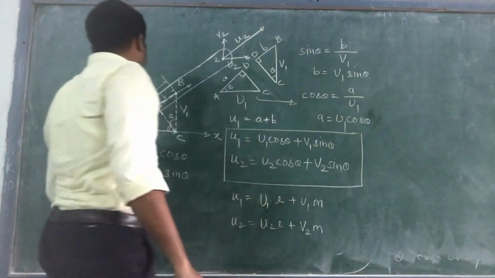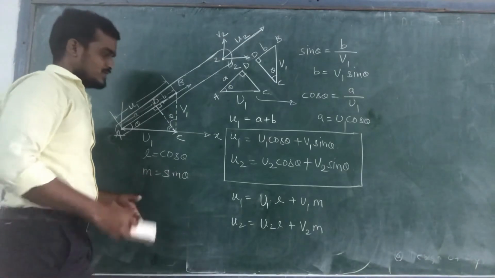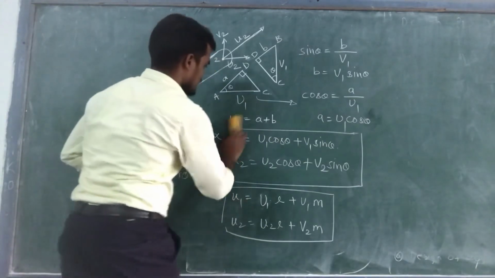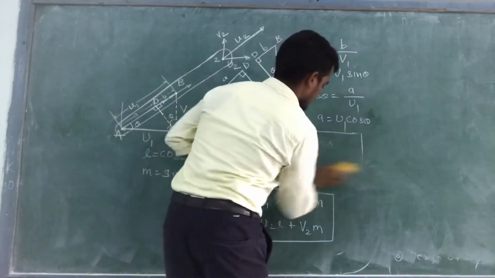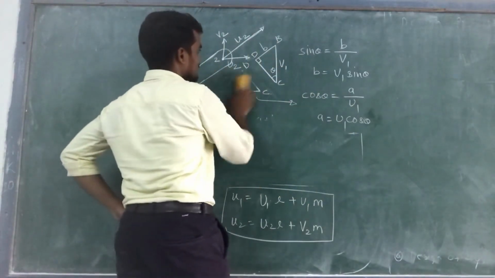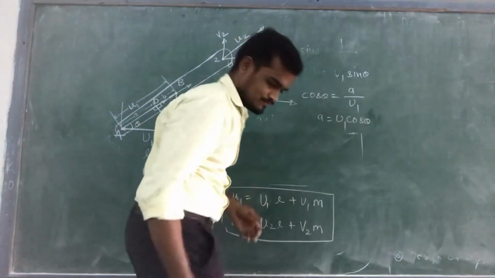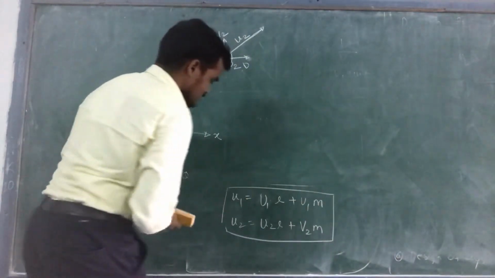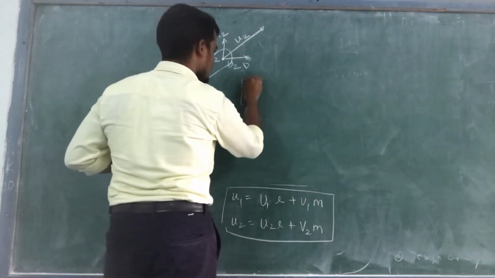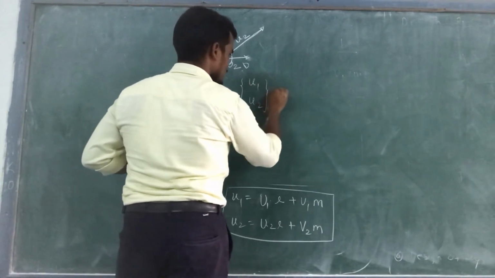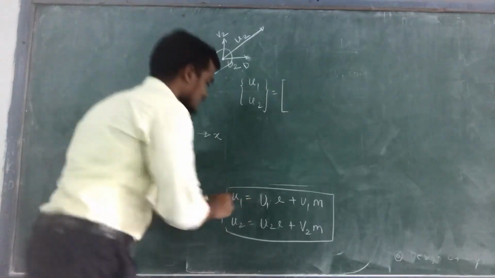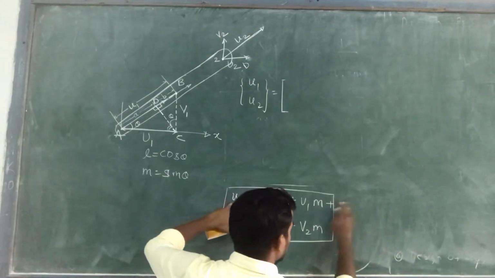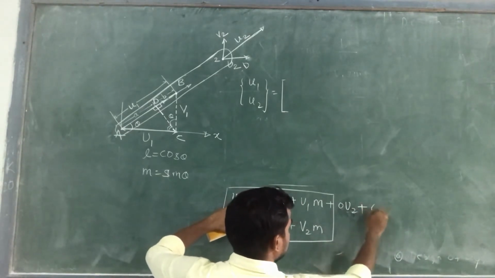Here we have replaced cos theta by L and sin theta by M. So we can write these two equations in matrix form as u1 u2 is equal to, now we can write u1 as u1 L plus v1 M plus 0 times u2 plus 0 times v2.